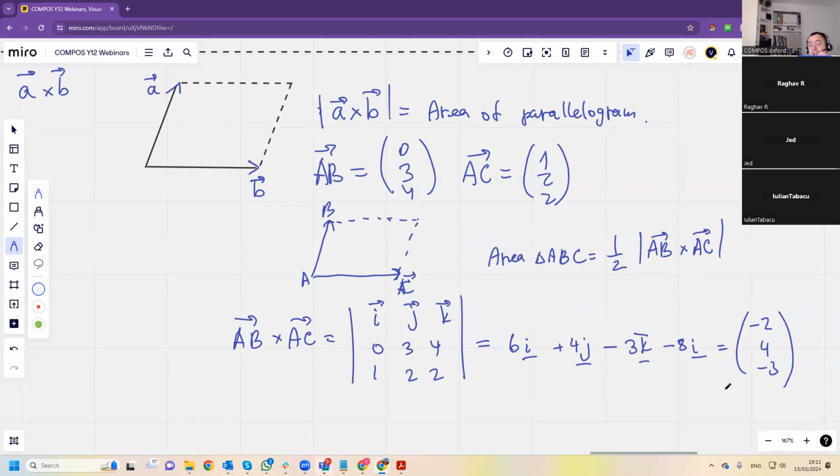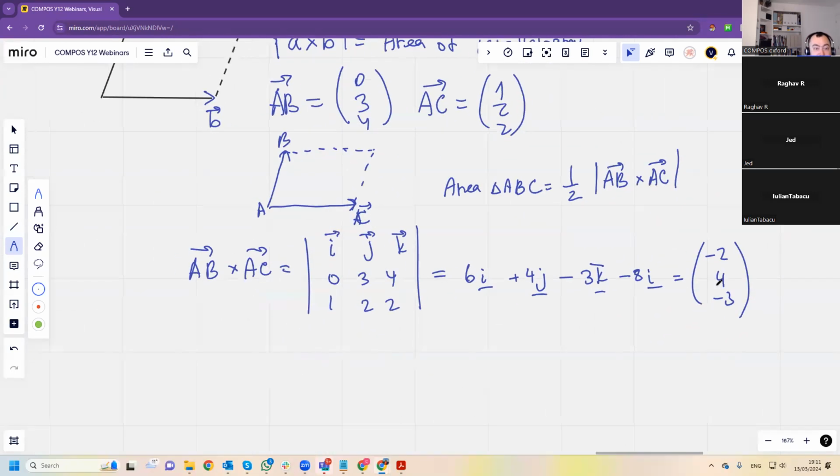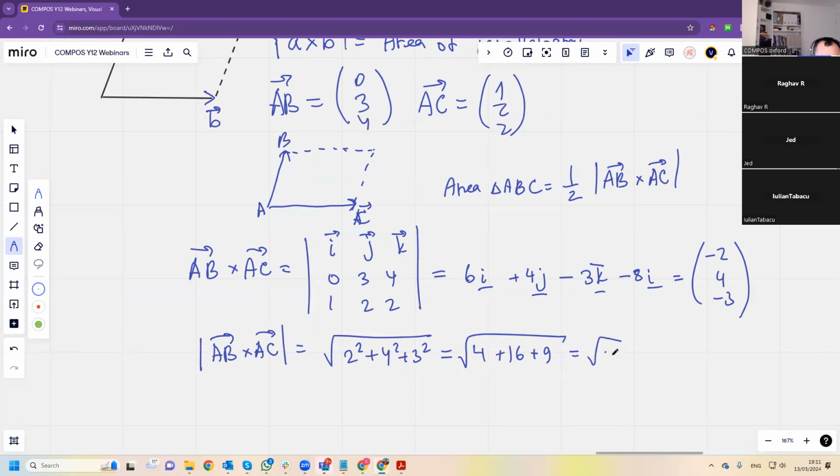Now the vector product is a vector, of course, but now we need to find the modulus of the vector, modulus of AB times AC, and that is square root of 2 squared plus 4 squared plus 3 squared, which is 4 plus 16 plus 9, square root of 29. Looks familiar, doesn't it?